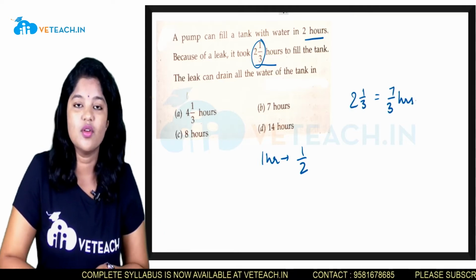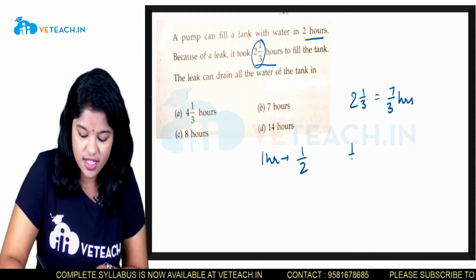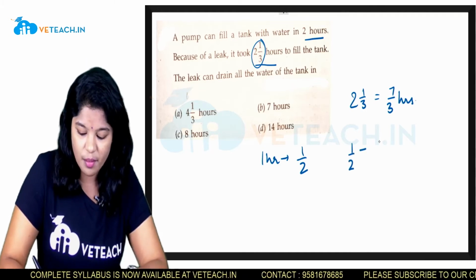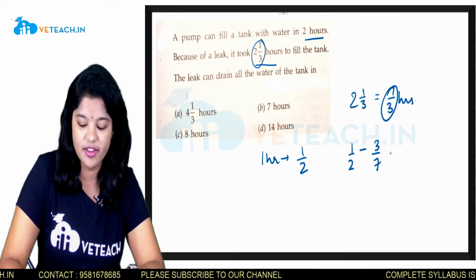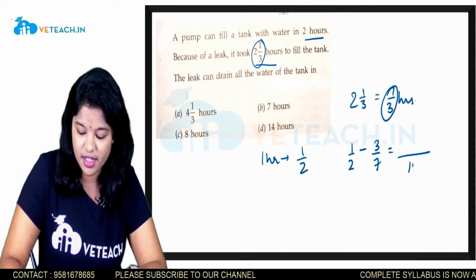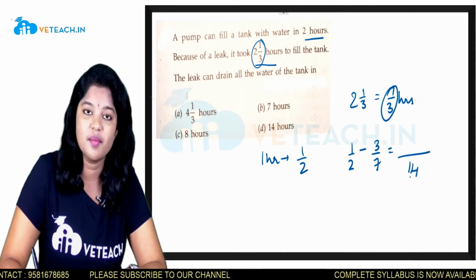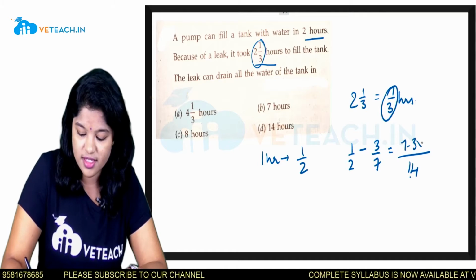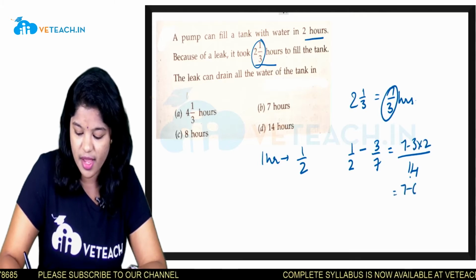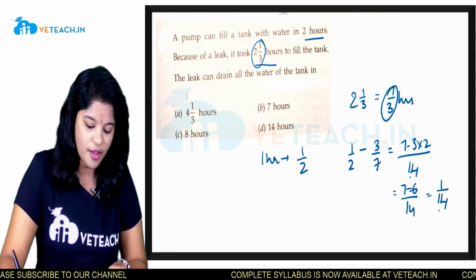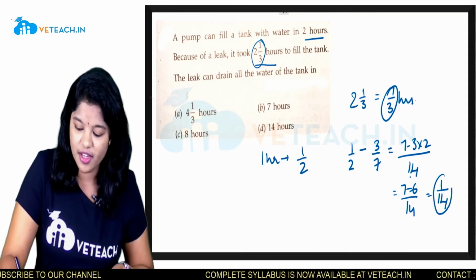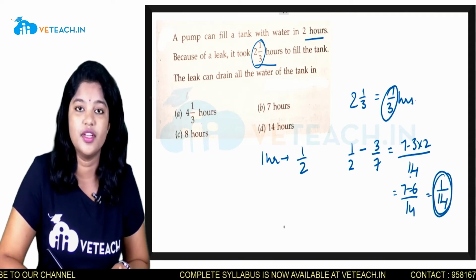So when we exclude the leak, we can write it as the tank will fill in 1/2 minus reciprocal of 7/3, that is 3/7 hours. Take the LCM as 14: 7 minus 3 into 2, that is 7 minus 6 by 14. That is nothing but equal to 1/14. So per hour it will fill 1/14th of the tank.